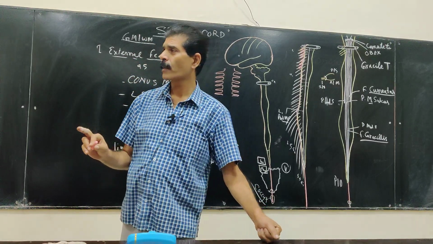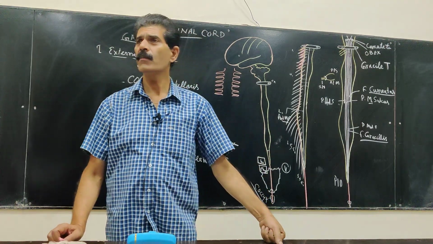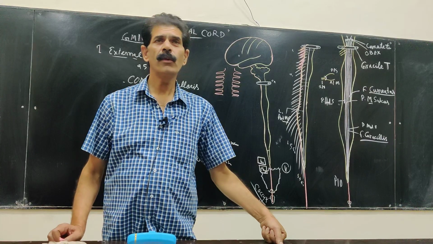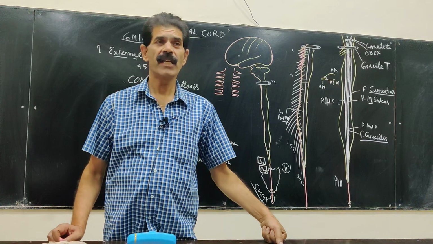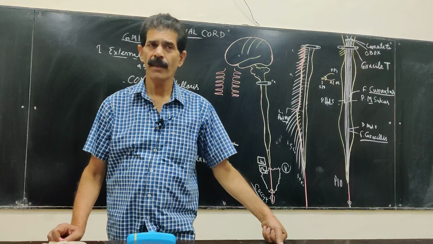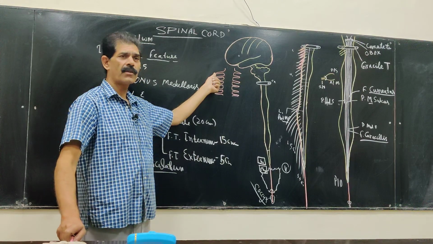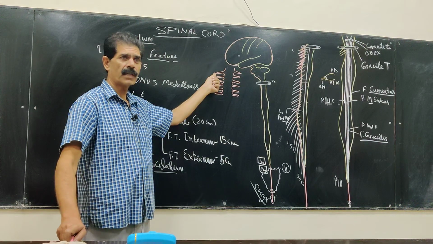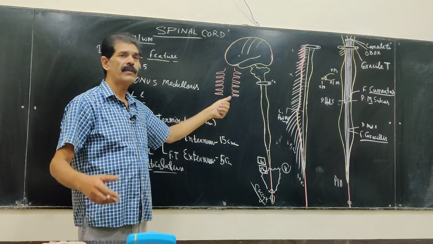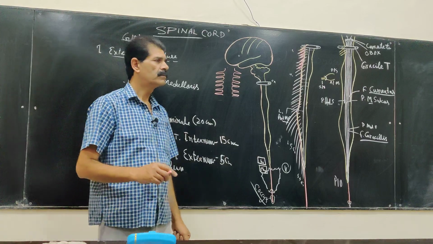These 31 spinal nerves are meant for the skeletal muscles of the body, the voluntary muscles of the body. So that's why it has been given a foolproof jacket, protection by the intervertebral foramen. And secondly, the pia mater is also attached to the bone circumference of the intervertebral foramen. So it also gives support to the vertical spinal cord.